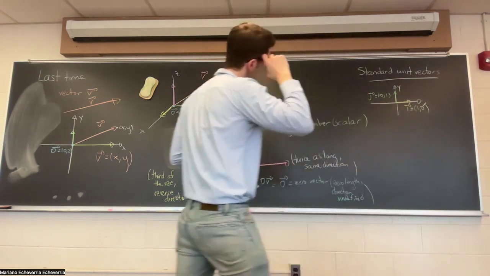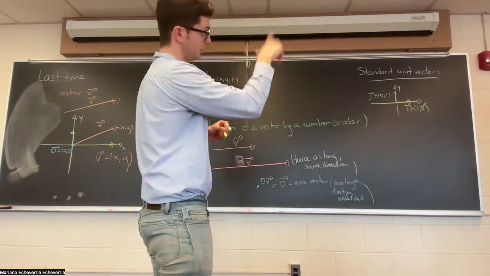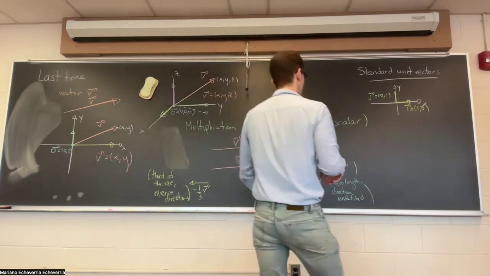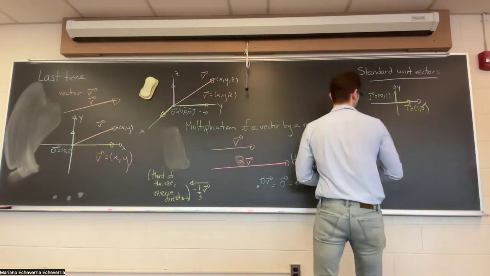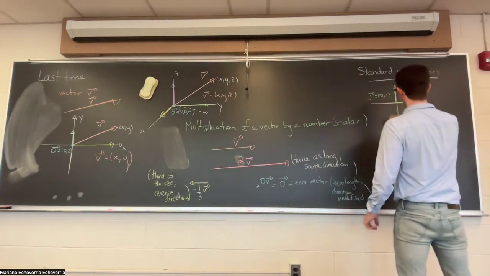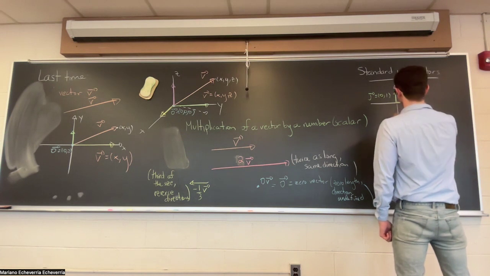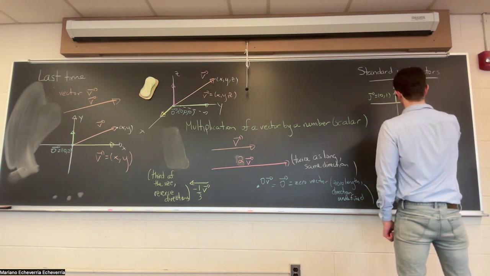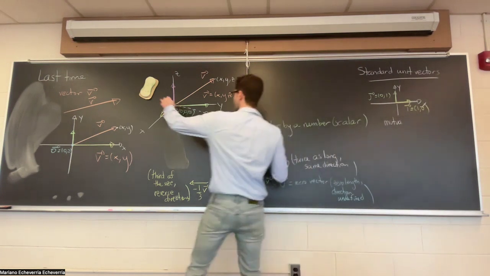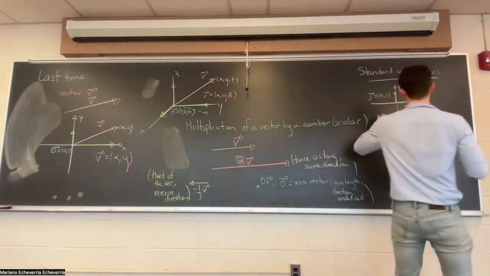Okay, and so what happens with these two vectors? The idea is that they're mutually perpendicular. That's going to be important in a couple of minutes. So these two are mutually perpendicular, or just perpendicular. i and j are perpendicular.